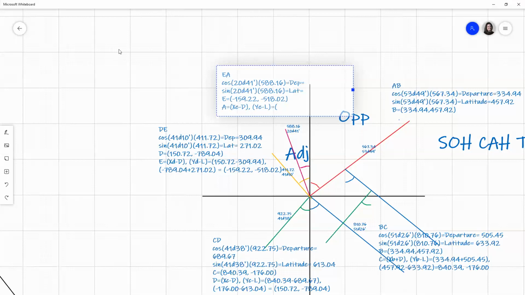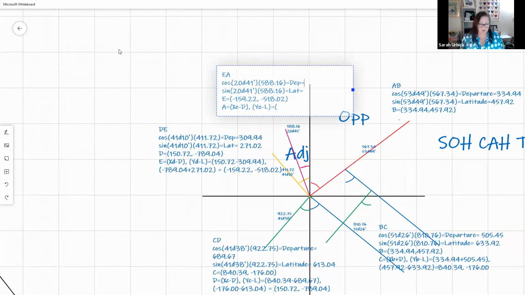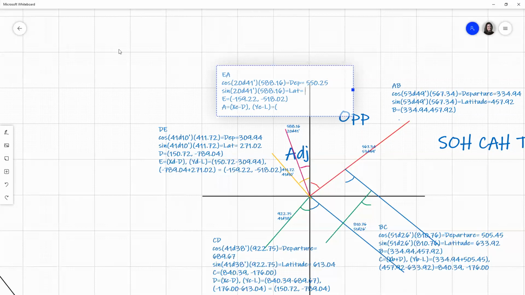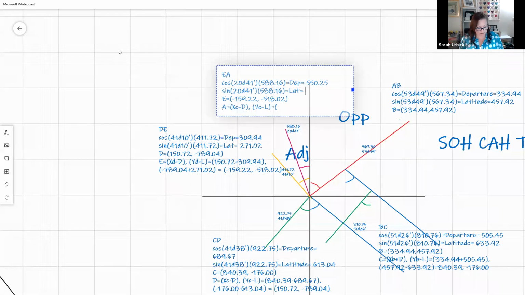All right, so let's take the cosine of this angle. Departure, I got 550.25. If you guys get anything different, please let me know.